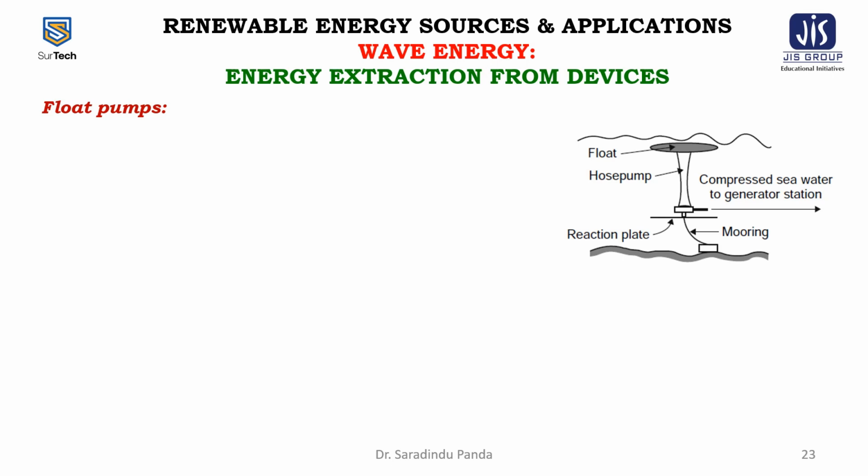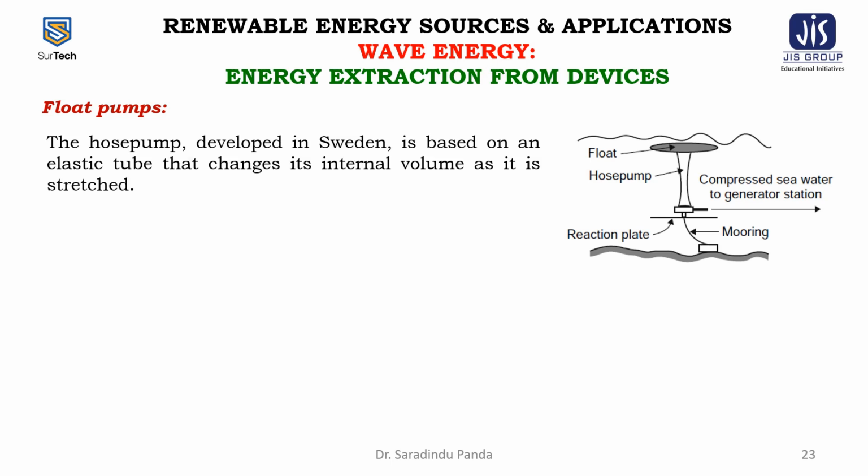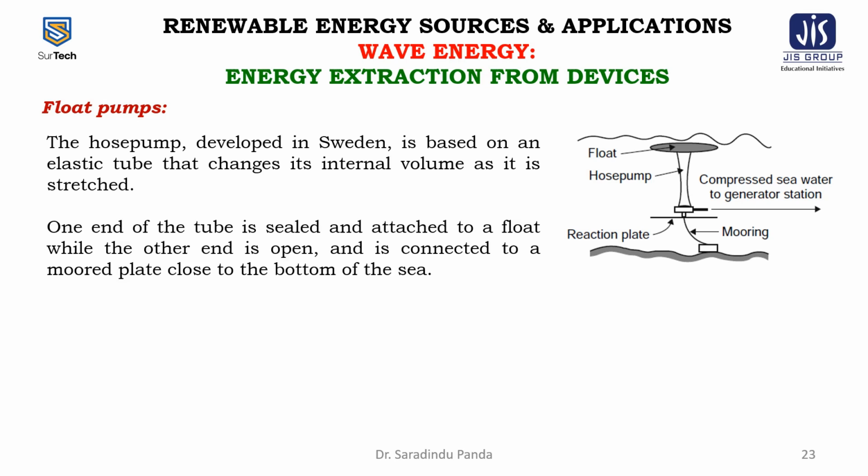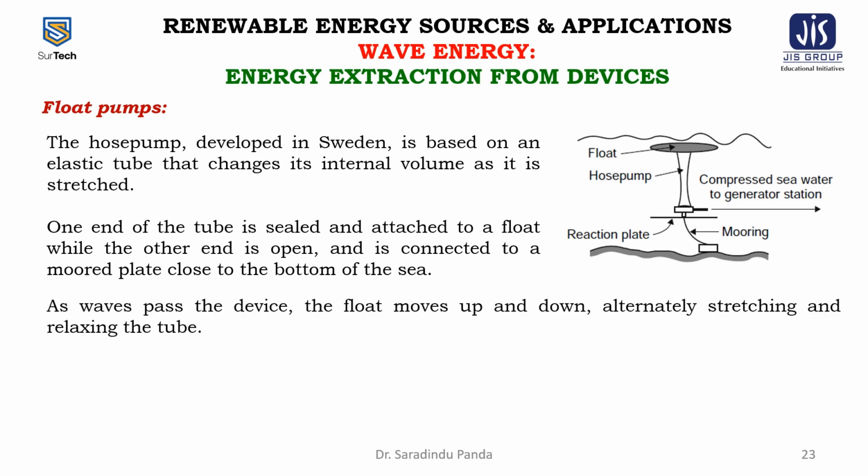The float pumps. The hose pump developed in Sweden is based on an elastic tube that changes its internal volume as it is stretched. One end of the tube is sealed and attached to a float while the other end is open and is connected to a moored plate close to the bottom of the sea.